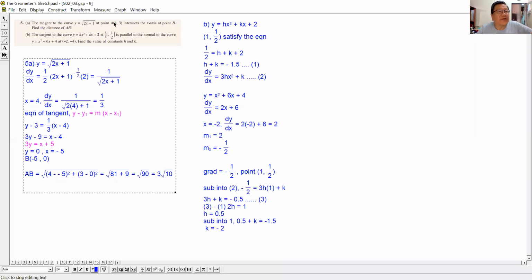But they say this equation of tangent intersects the x-axis at point B. So this pink color equation, I want to know where it cuts the x-axis. As I've said earlier, on the x-axis, what coordinate is 0?